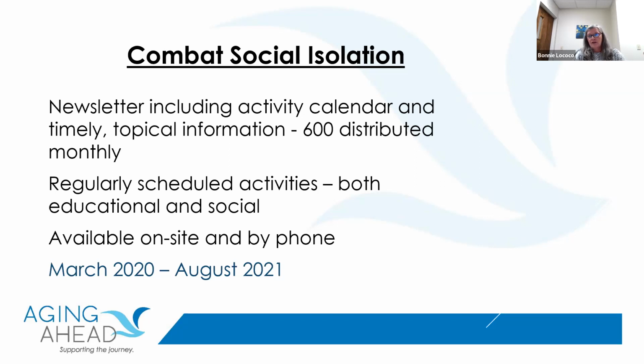Also in the beginning of the year, we usually put out information about applying for the property tax credit, which is something that we have here in Missouri for folks that are either disabled or over the age of 65.